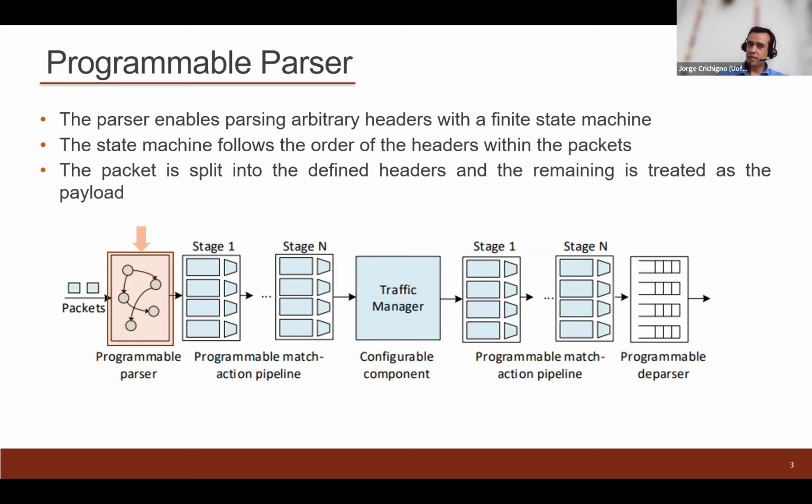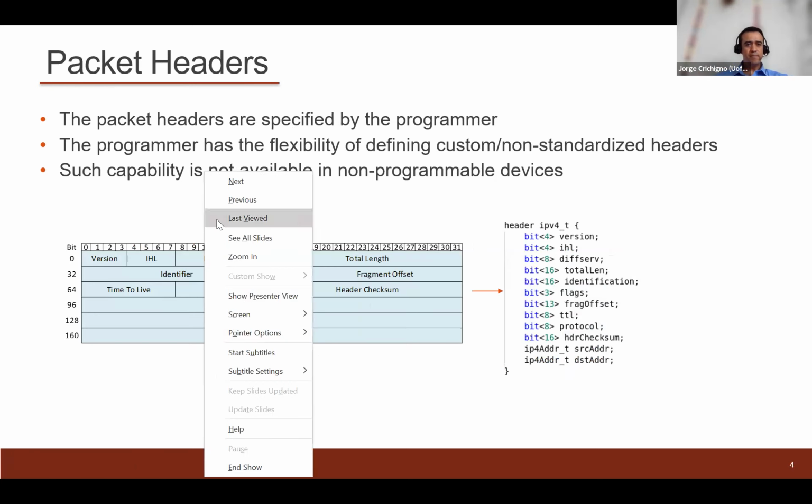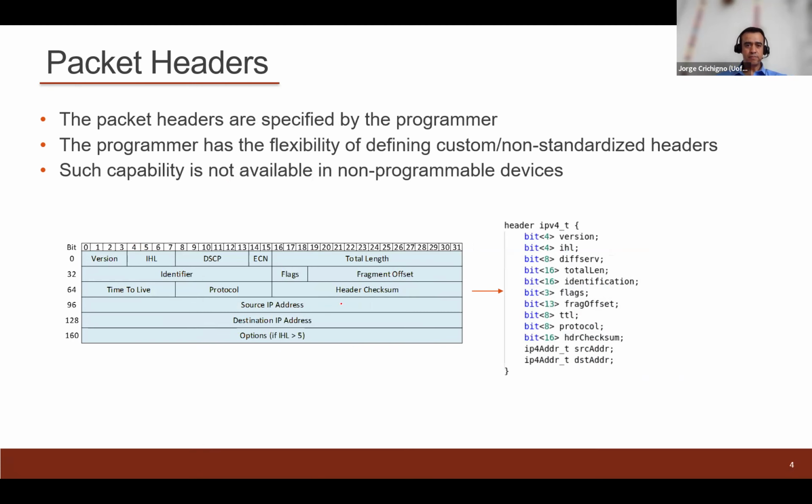After that, the upper layer transport and so on. Whatever we want to parse, we have to describe in the parser. So it's useful to keep in mind the header and the header fields.